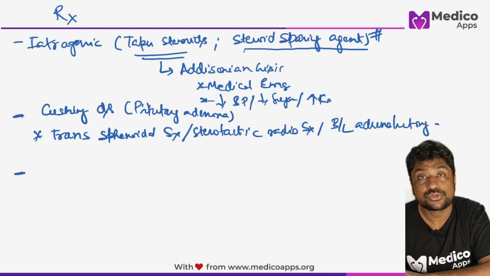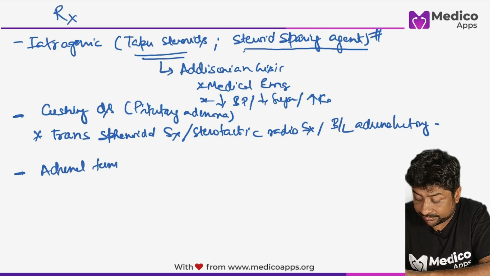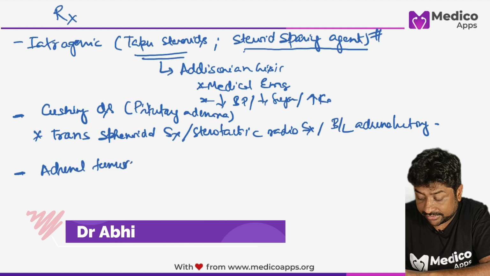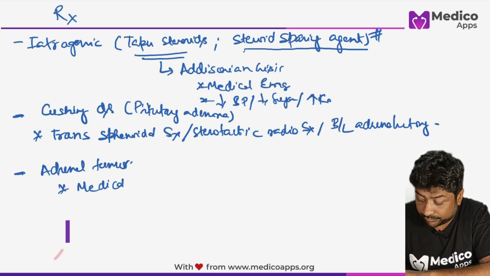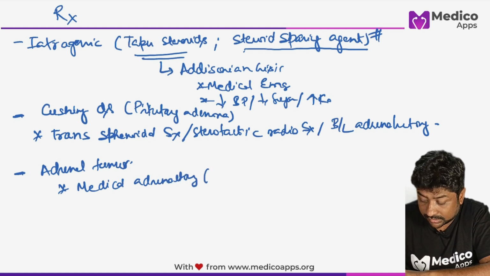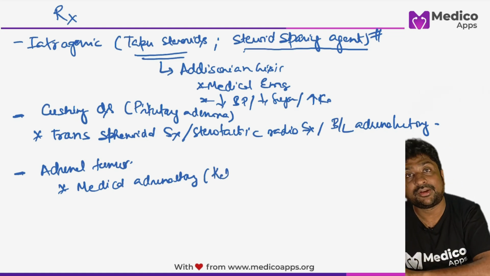Okay, so that also can be done. Next, if we have adrenal gland tumor or carcinoma, then in that case we start with medical adrenalectomy. So we give some drugs which will reduce the production of the adrenal gland.